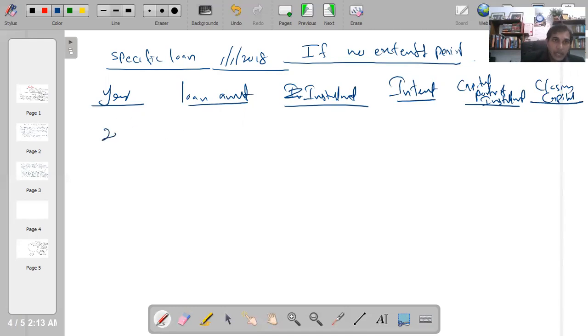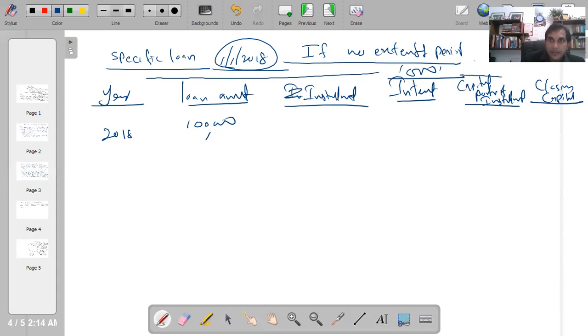So year 2018. Not all 12 months, because this is the obtaining date. So until 31st December 2018, we have 12 months. You have been given annual installments. All figures are in thousands. So here we'll take 100,000.